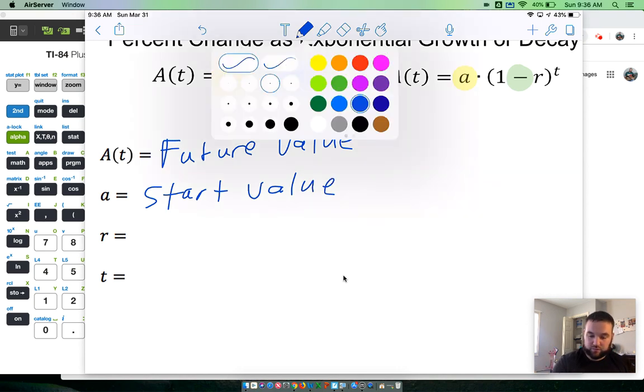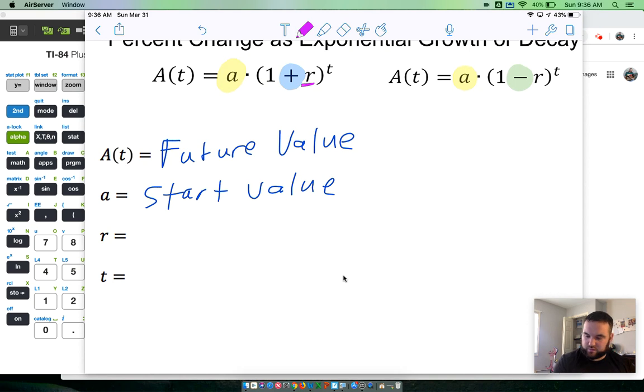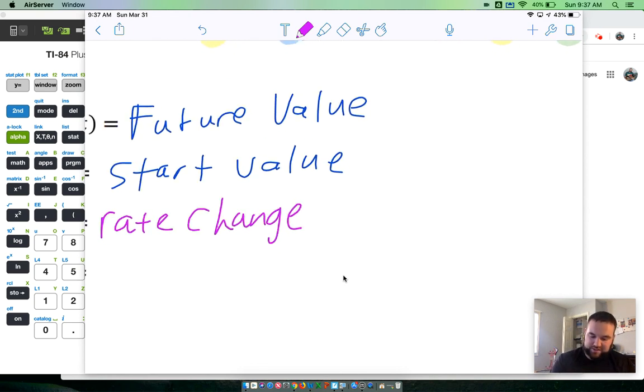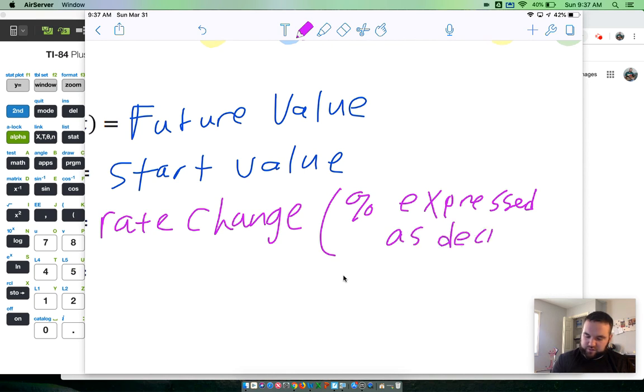Our r value is inside the parentheses. That is the rate change. So what percent rate is something changing at? Is something growing by 3%? Is it decaying by 7%? The key to this is that the percentage needs to be expressed as a decimal. And we'll see what this looks like in just a minute.